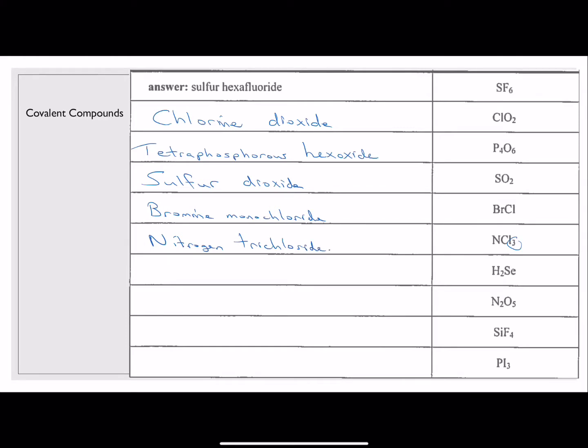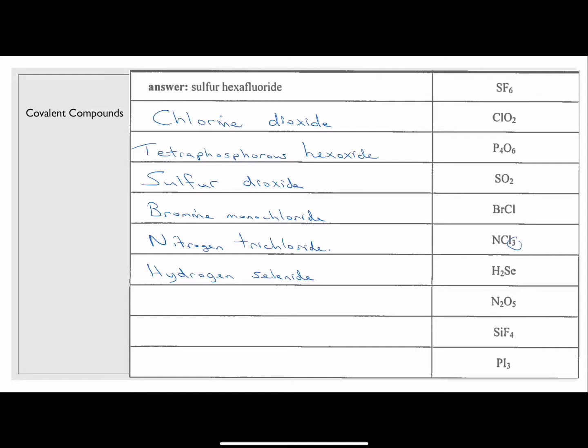The next one, again, when I have hydrogen as my first element, I don't have to use a prefix for any of the atoms in the formula, so it's not dihydrogen, it's just hydrogen. And then selenium would give me selenide, hydrogen selenide. The next one, I have 2 nitrogens and 5 oxygens.